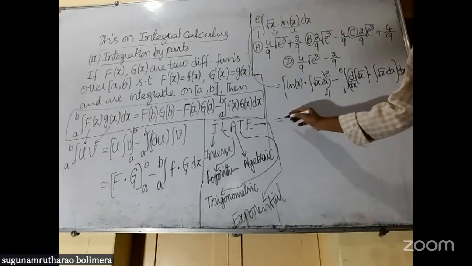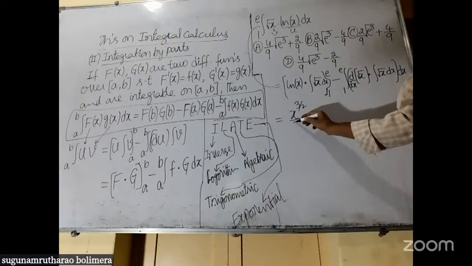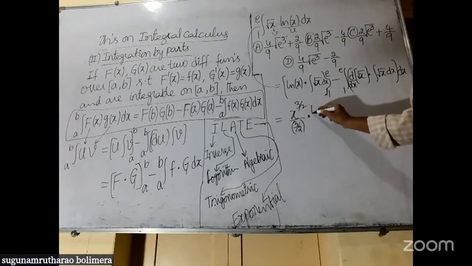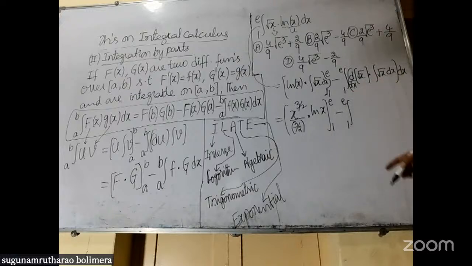Therefore, the integral of root x is x power 3 by 2 by 3 by 2, into ln x, limits from 1 to e, minus the integral from 1 to e of the derivative of ln x, which is 1 by x, into the integral of root x, which is x power 3 by 2 by 3 by 2, dx.